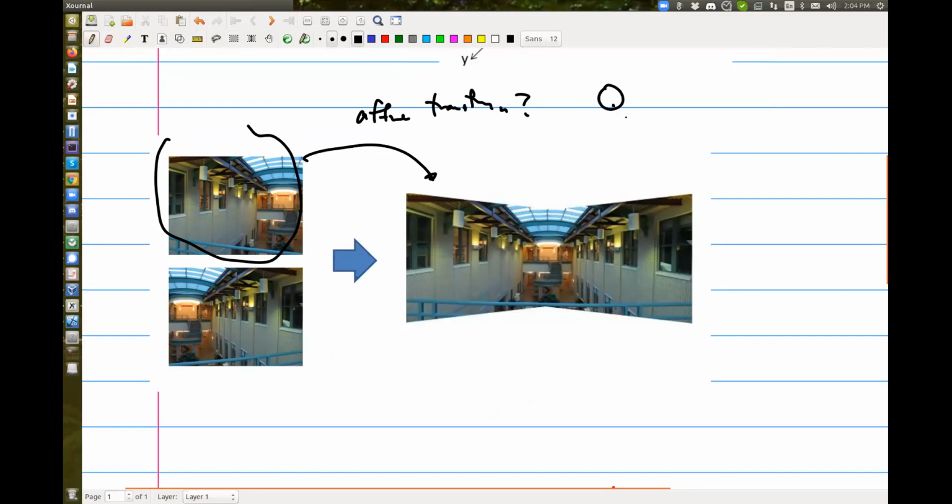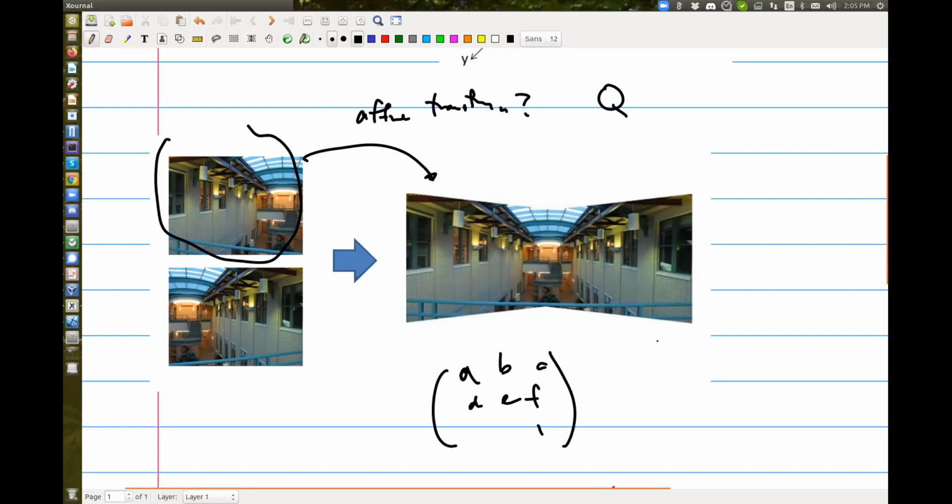The question here, from our discussion just now, is that for an affine transform, any parallel lines in the original image stay parallel. An affine transform has the form a, b, c, d, e, f, 0, 0, 1, something like that.